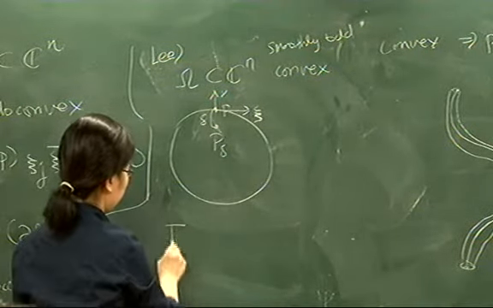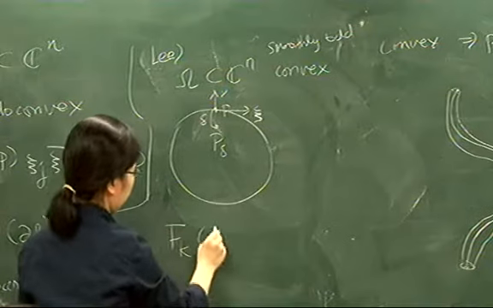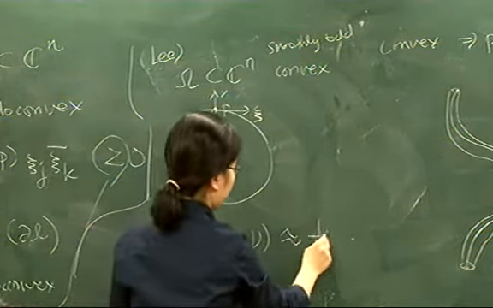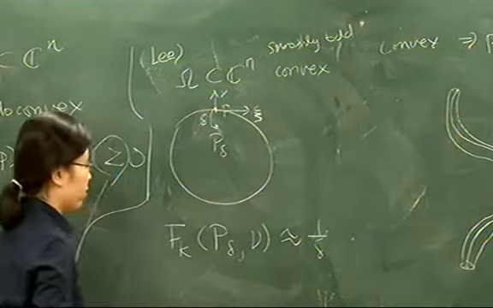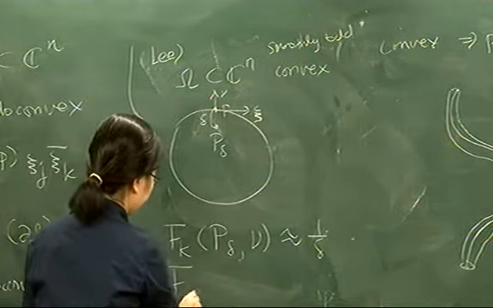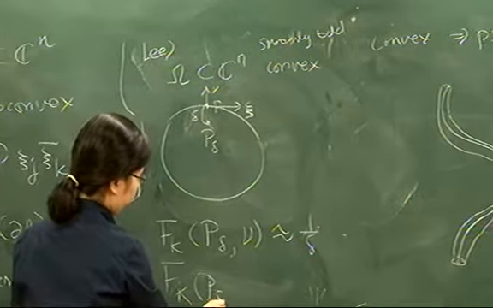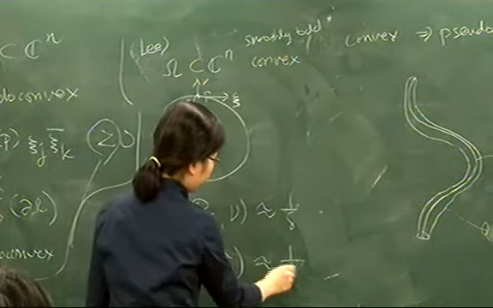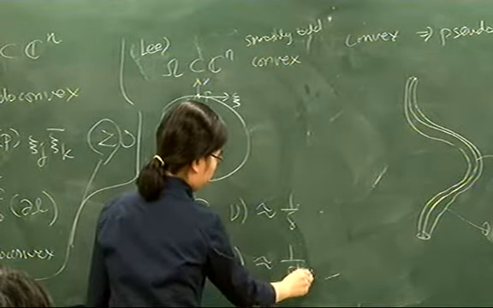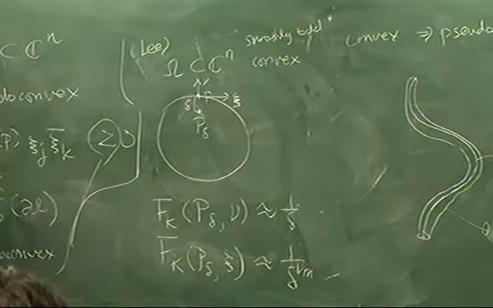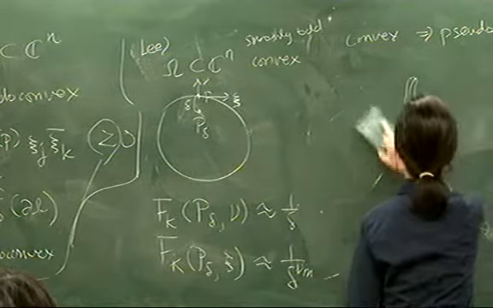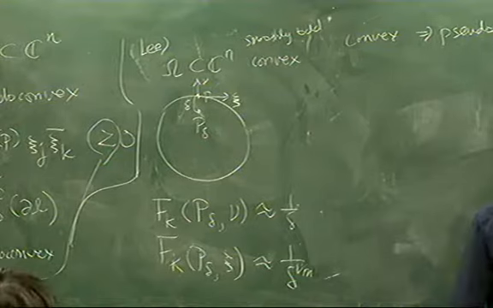Then the metric Fk at p delta in the normal direction again blows up like 1 over distance, and Fk p delta c blows up at a rate of 1 over delta to the 1 over m, where m is the maximum tangency of the boundary in the direction of c.